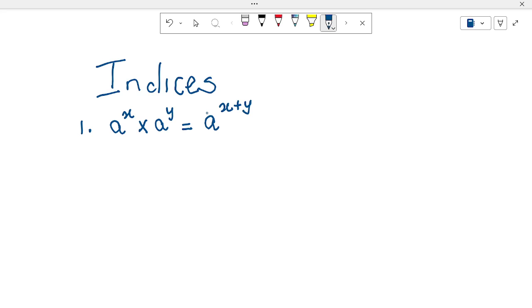Note that a raised to power x times b raised to power y is not the same as a raised to power x plus y.